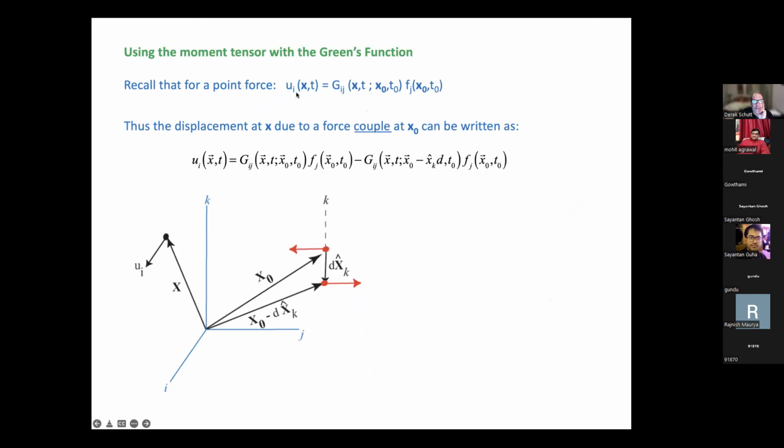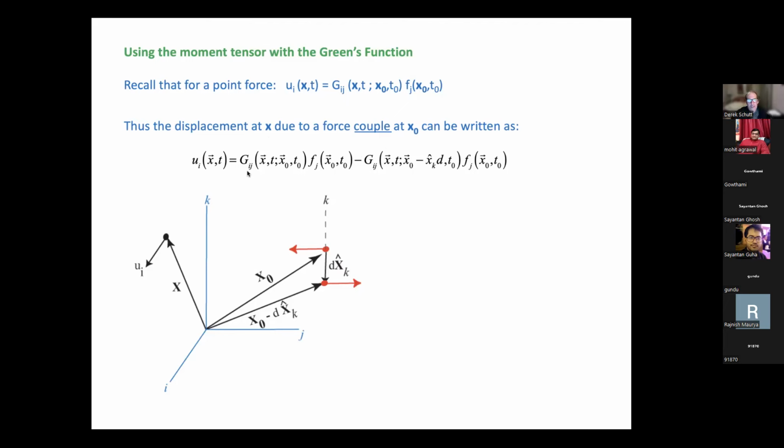All right. So for a point force, U sub i equals G sub ij times F sub j. G sub ij is our Green's function, and it translates what happens with a body force to deformation at an arbitrary location. Now the displacement at x due to a force couple can be written as this here.